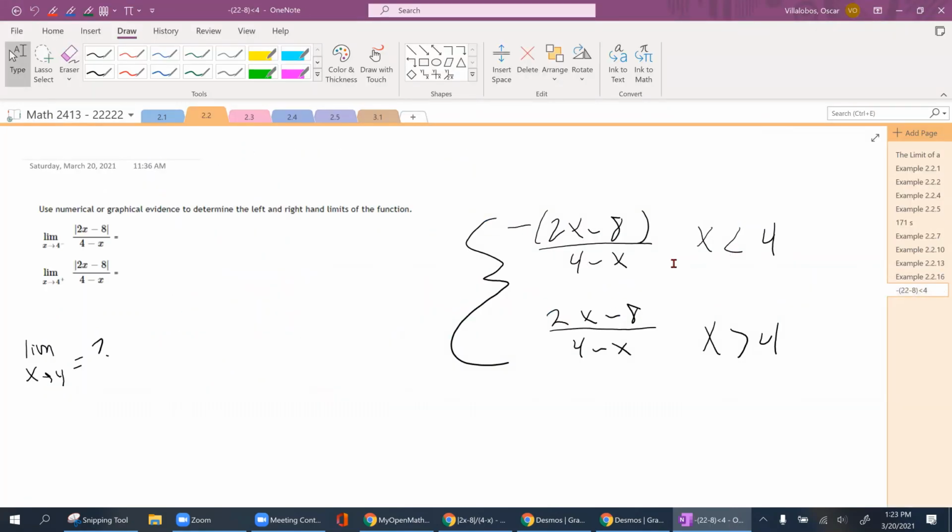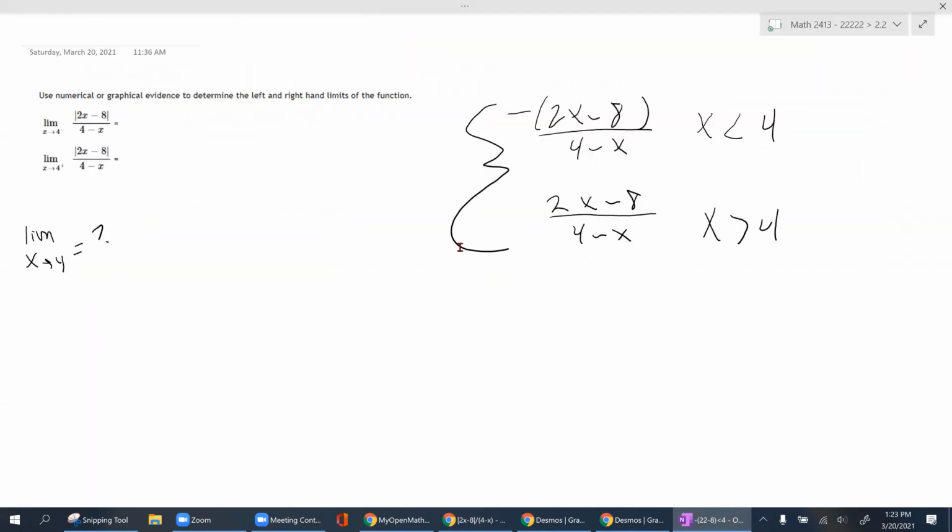Like I said, you're not going to be required to use graphing utilities or a calculator, but you're expected to know this, because again, this is a refresher from our college algebra.